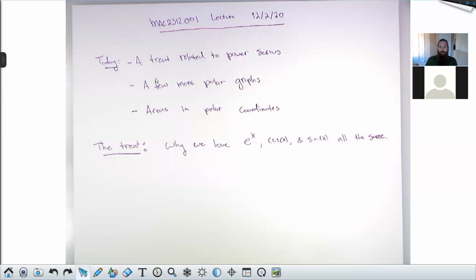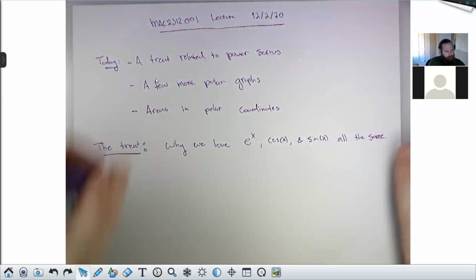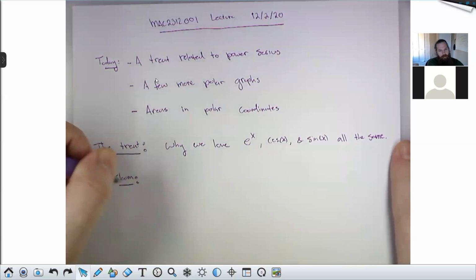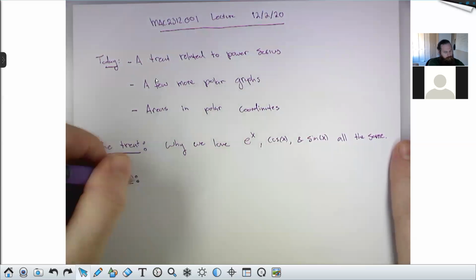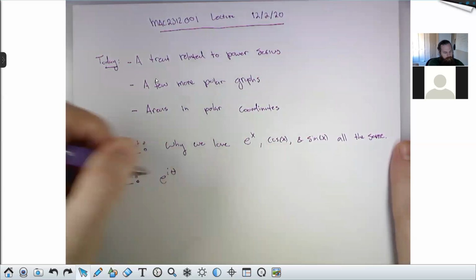E to the x, cosine x, and sine x. There's a beautiful, beautiful connection between these things that is really only justifiable through power series. The first time I saw this, I just didn't believe it. I'll tell you that. It was shown to me, and I said, no, no, no. That can't possibly be true.